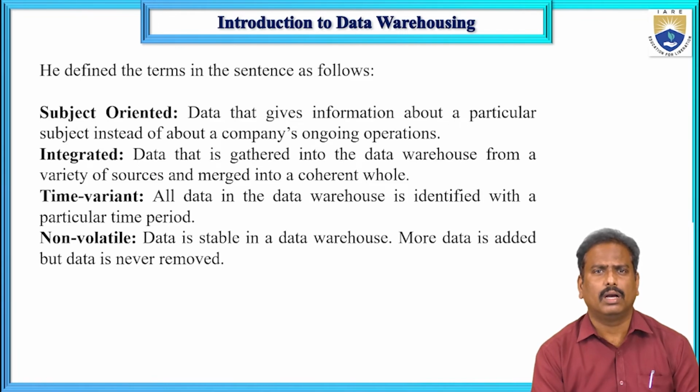For example, the sales of ACs and coolers in April and May are very huge when compared with November and December, when people won't buy ACs and coolers.